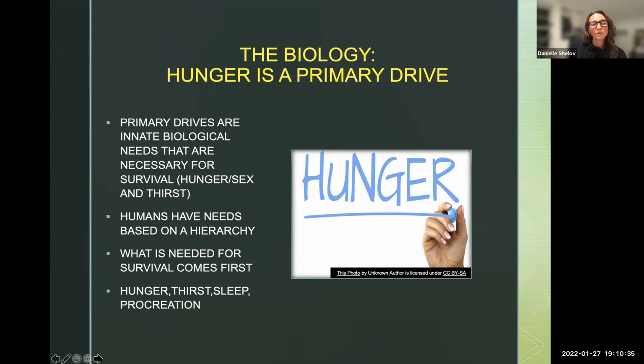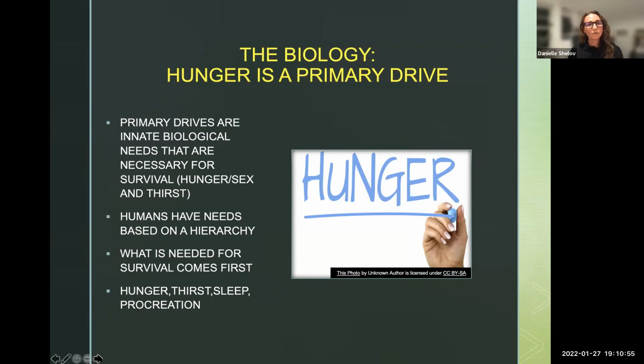And so hunger is a primary drive. I know we learned about this a long time ago in biology, right? But primary drives are innate needs that are necessary for survival, right? Hunger, sex, thirst, these are all things basically that are how we as a species survive and grow.